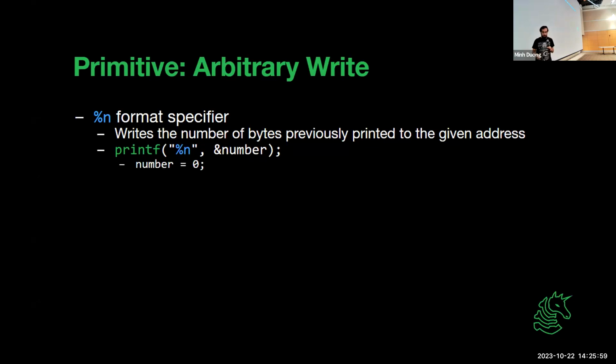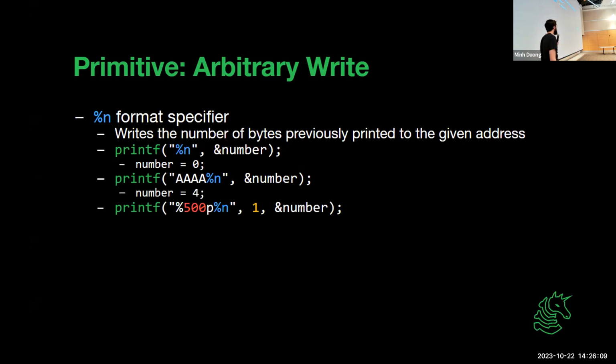So there's a couple ways to mess with this. Number is 0, but if I have 4 A's prior, then number equals 4. Of course, if I do %500p, no $, what this causes printf to do is pad out 500 bytes before printing it. So now I can get some pretty large numbers stored in that variable.